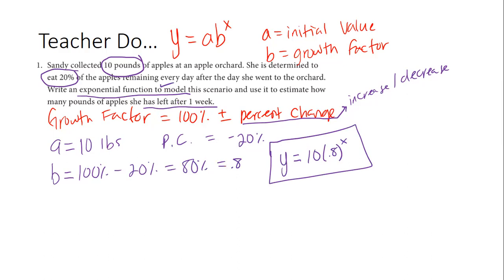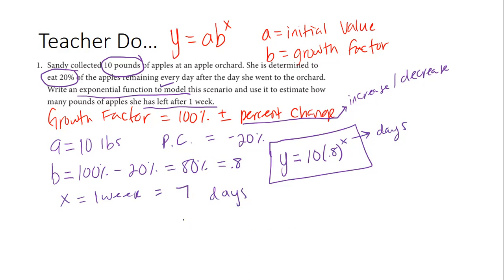The next thing we underline, it asks us how much would she have left after 1 week, right? So when we read this problem, we know that this is in terms of days, right? x is days. And so if after 1 week, my x is going to be what? We're looking for x equals what? 7. 1 week means that x equals 7 days. And if I have my x value, all I have to do is what?